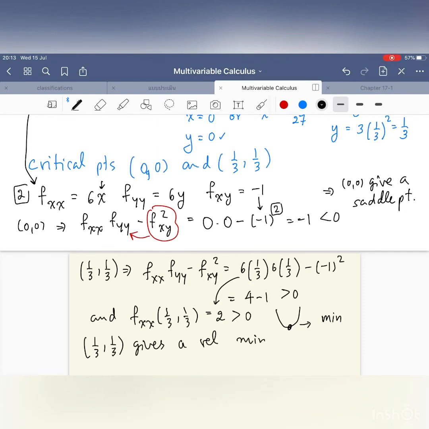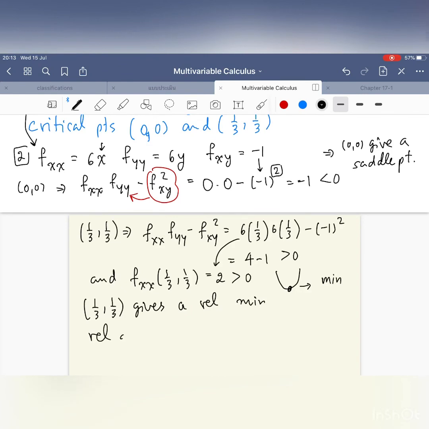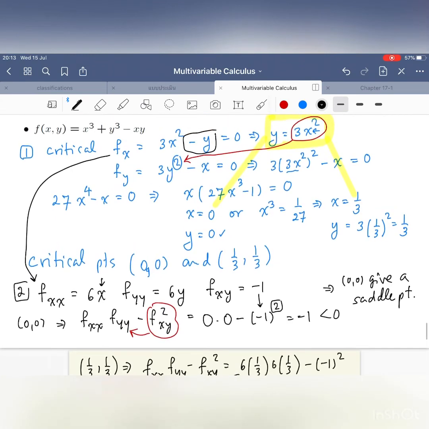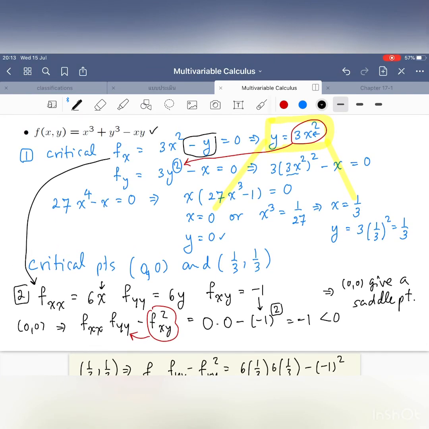Relative minimum, and a relative minimum value, it is f at 1/3, 1/3. Okay, and then you just plug into your original problem here.